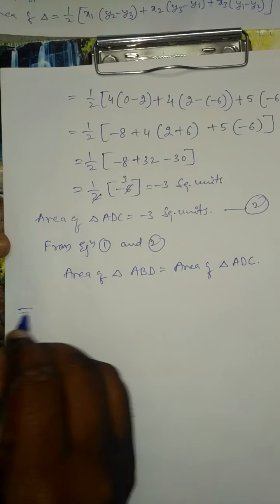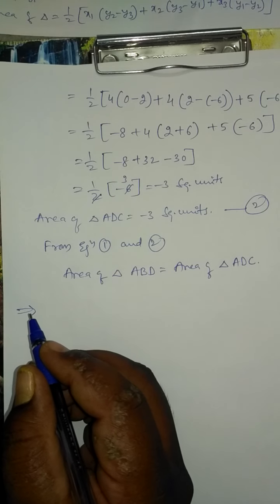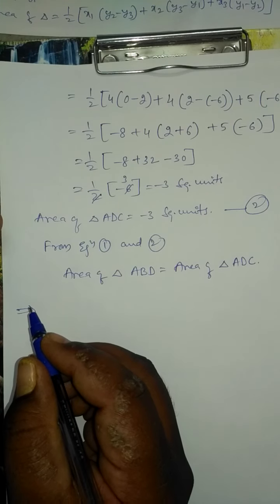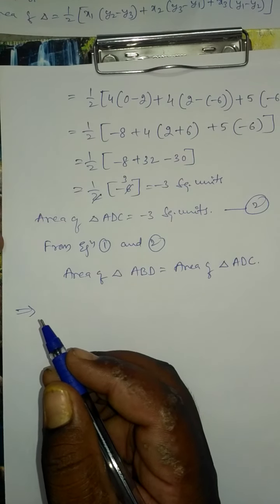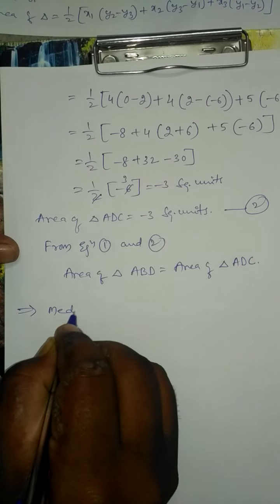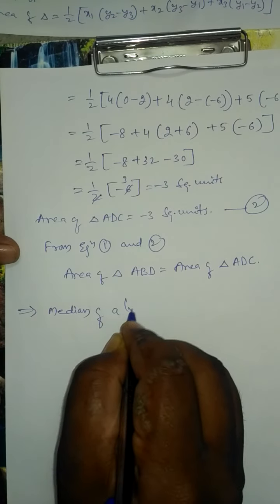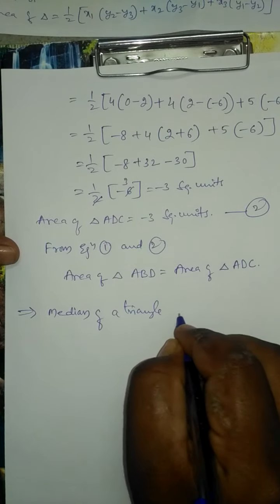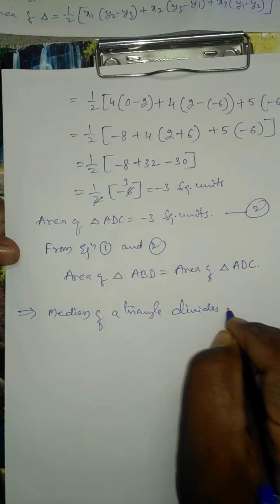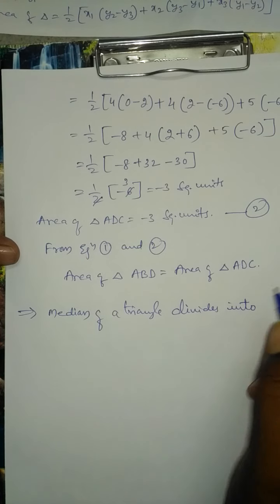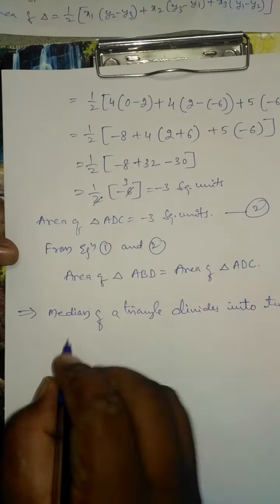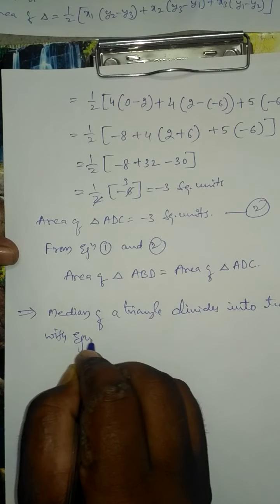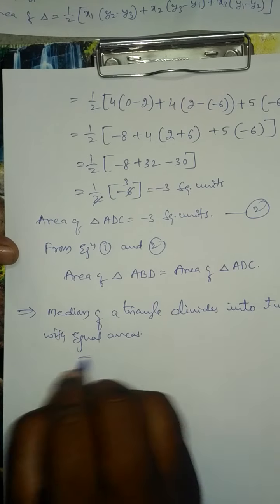So which implies, what you have to write: the median of a triangle divides it into two triangles with equal areas. This is our required result.